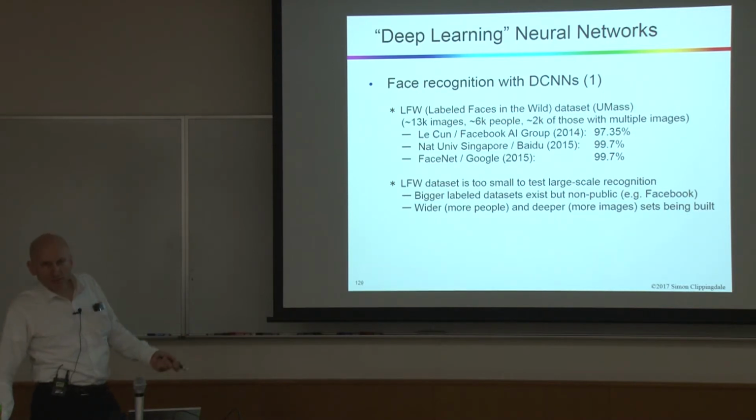There's some lighting variations, some pose variation, stuff that makes it difficult. And in 2014, Yann LeCun, who's one of the big noises in neural networks, and the Facebook AI group got 97%. I think this is top 5, but I'm not sure.